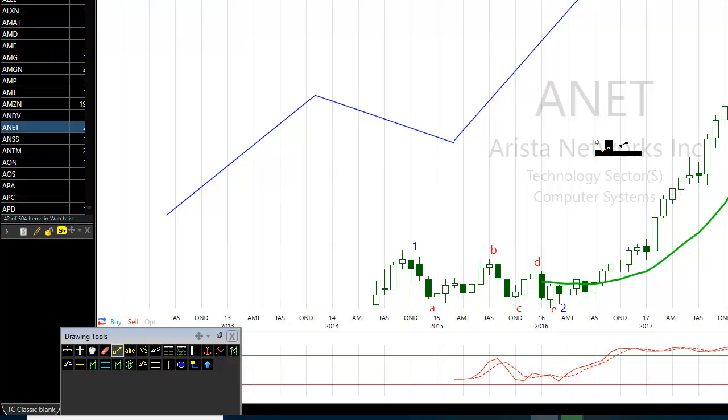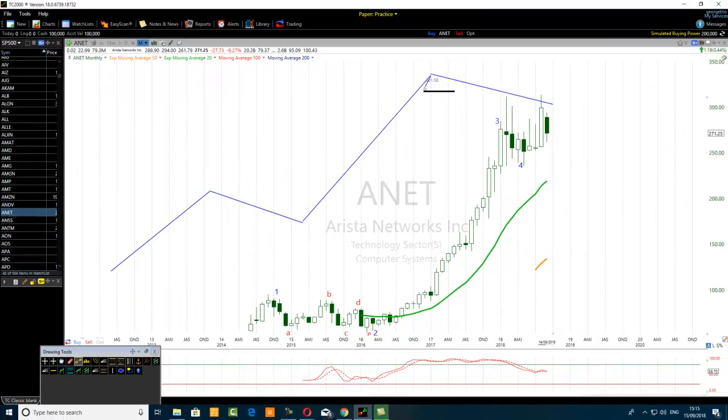Now, the rules that we cannot water down: when we see an exception, for instance, one of the things that you don't want to say is an exception, for instance, is if the third wave, so the rules say that the third wave should not be the shortest multi-wave, all right? That rule, we can't have an exception to it.